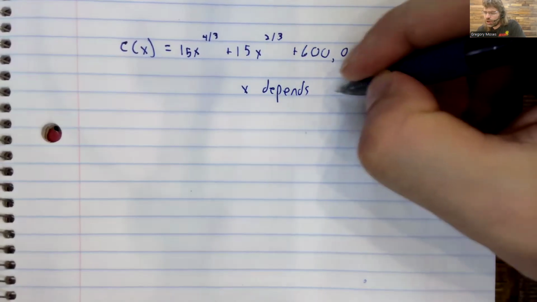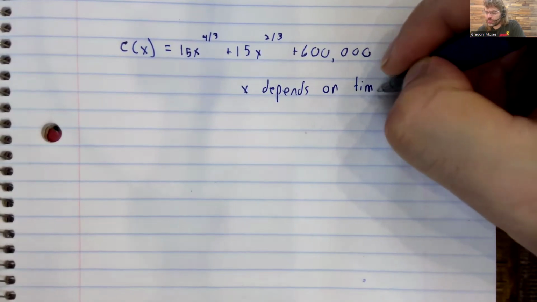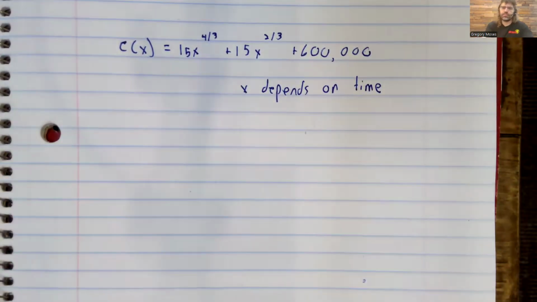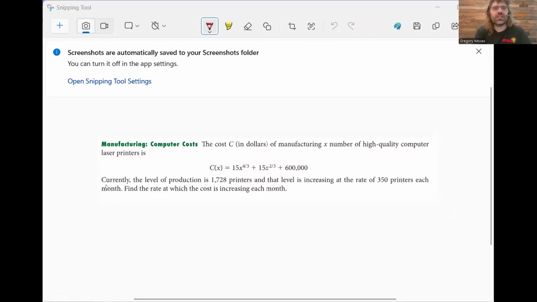depends on time, right? Because of these two lines down here. At the current time, we are producing 1,728 printers, but that is increasing with time.